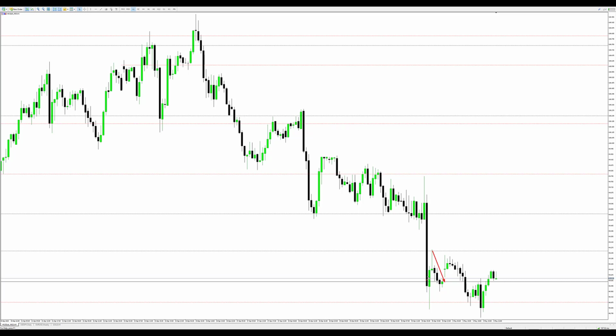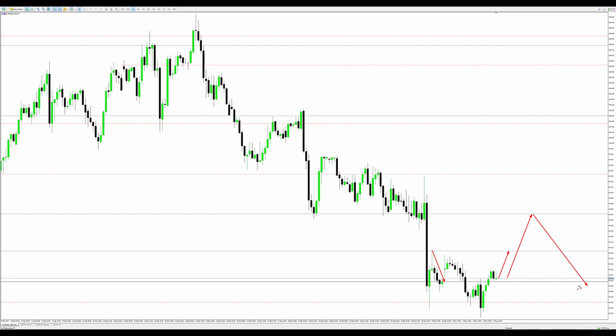So this gave more significance that weakness is coming into the dollar. So I'm expecting market to at least retest either this zone, or we can have a correction all the way to 99.50 before we start hunting for short trades.